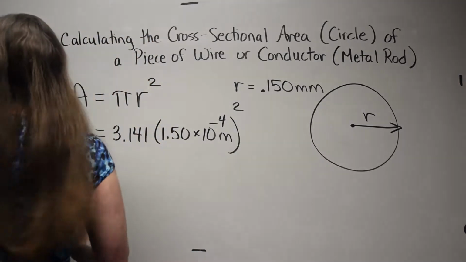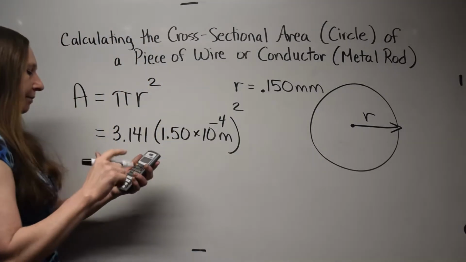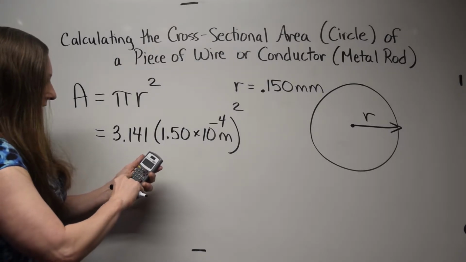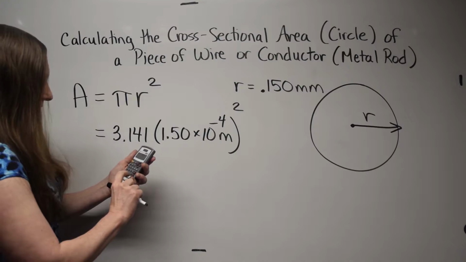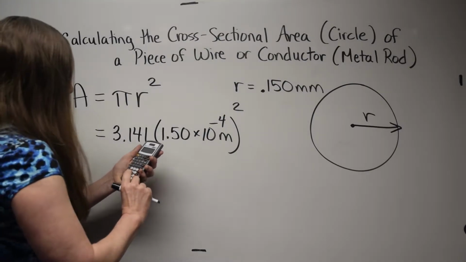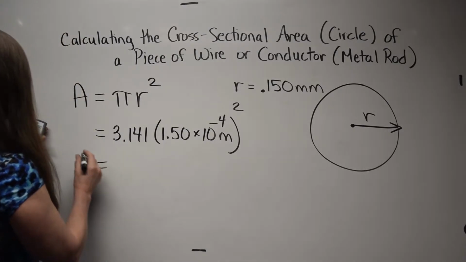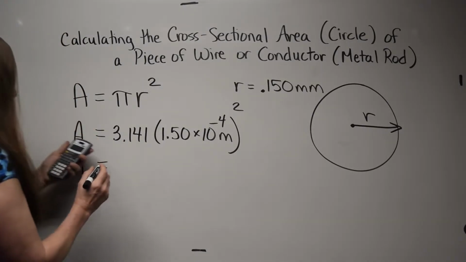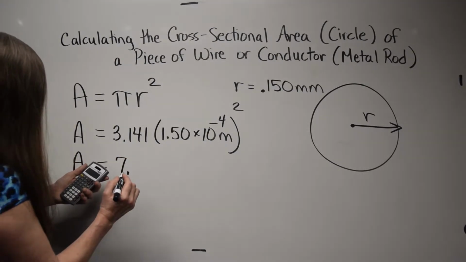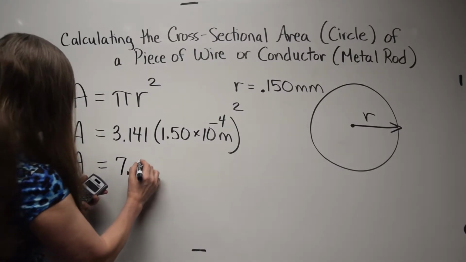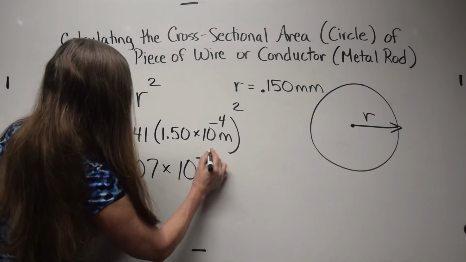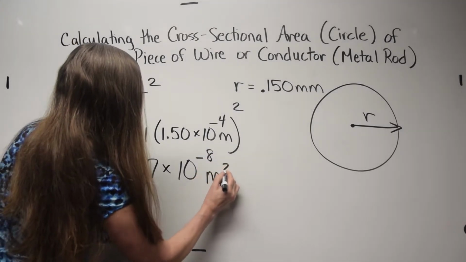Okay, so let's do this. 1.5 times 10 to the negative 4, raise that to the second power, and then multiply that by 3.1415. So the cross-sectional area is going to be 7.07 times 10 to the negative 8, and that's meters squared.